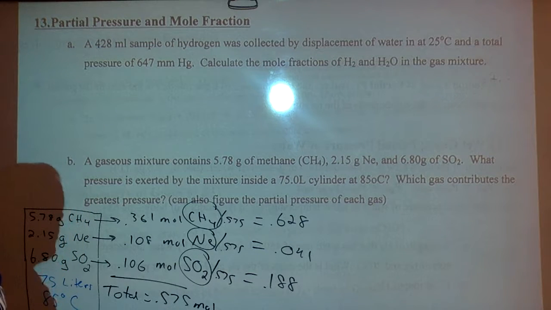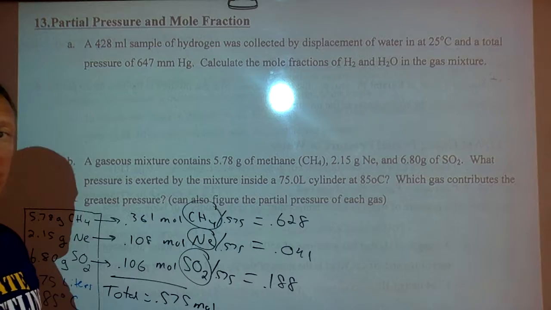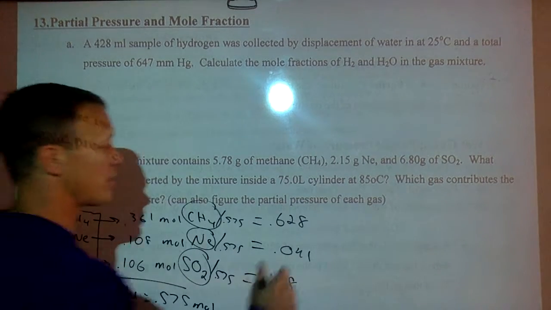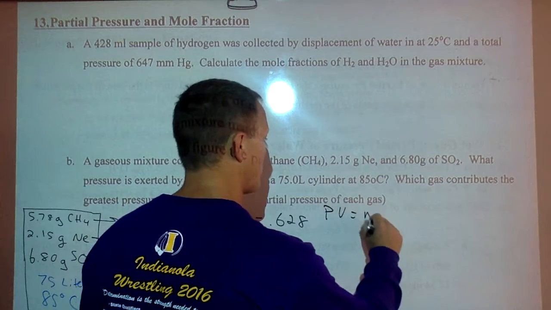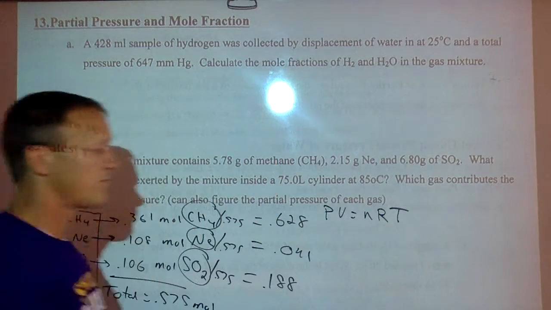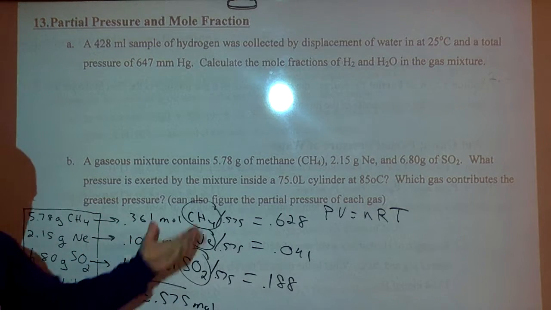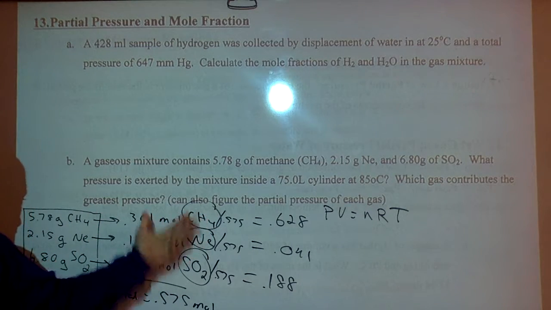So again, I need to know what is the total pressure in this container and what is the partial pressure of each gas. Well, if I want to get the total pressure, I can go PV equals nRT. Now I could plug in any of these moles individually and get pressures, if I wanted to do that.